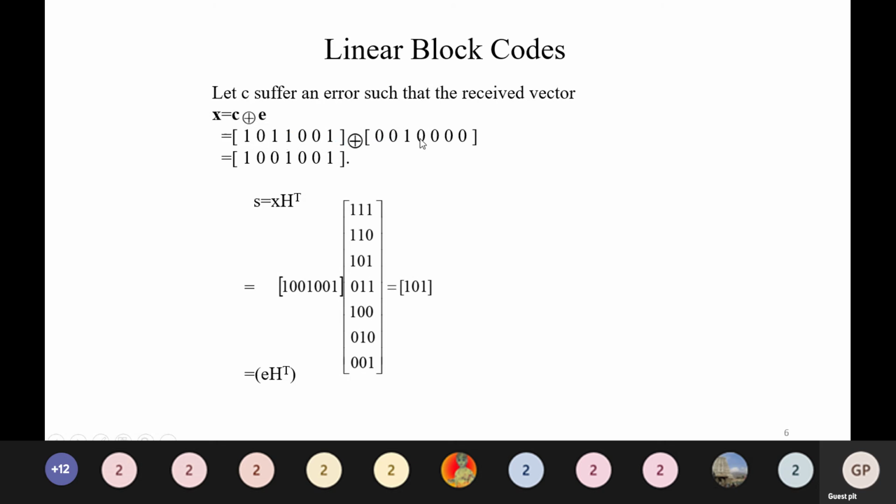So 1 with 0 is 1, 1 with 0 is 1, 0 0 0 0, and 1 with 0 is 1. So this is modulo 2 addition or XOR.